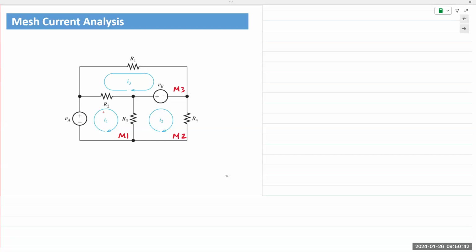But an electrical loop is any closed path around the circuit. You start at one point and you take a path around all the components and you come back to that exact same point. That is an electrical loop.